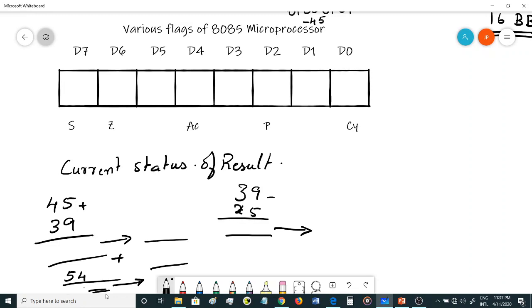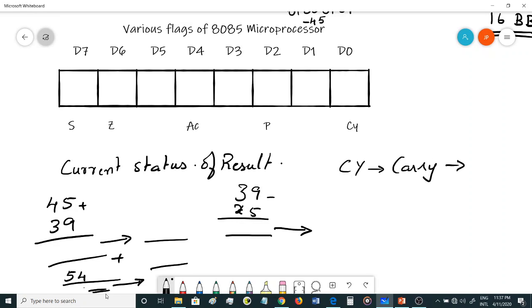That is what is known as carry. Now your accumulator can only store 8 bits. Where will you store the 9th bit? That bit will go into your carry flag. Now the carry flag will be set to 1. CY stands for carry flag.